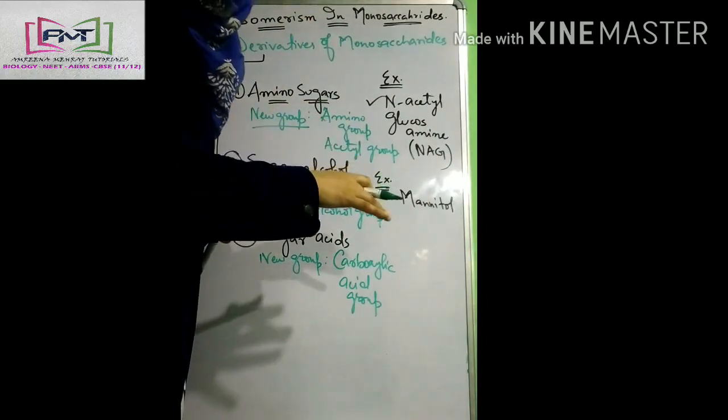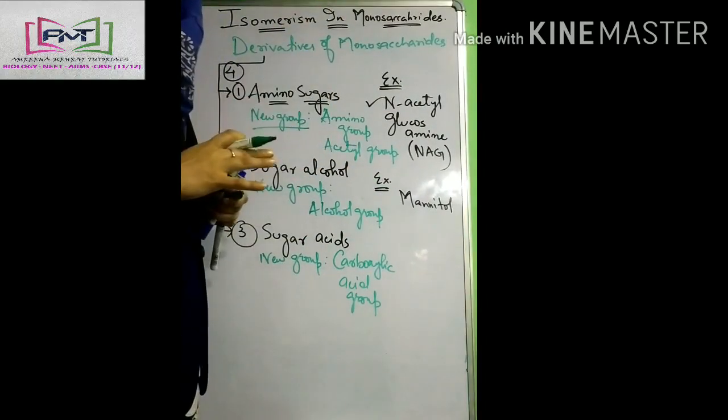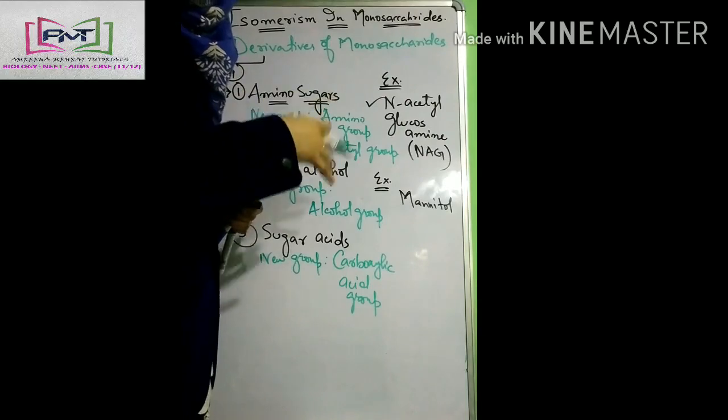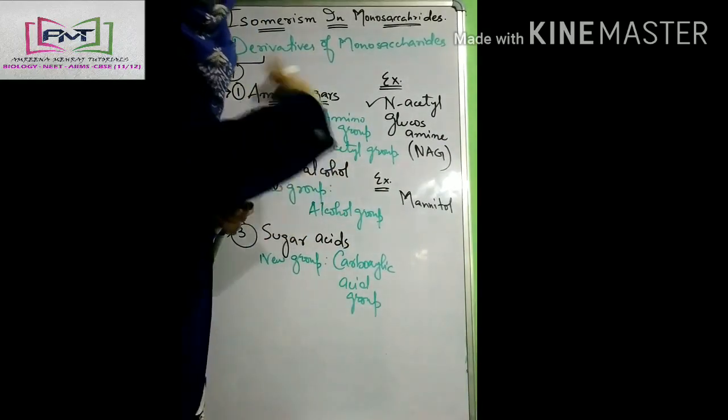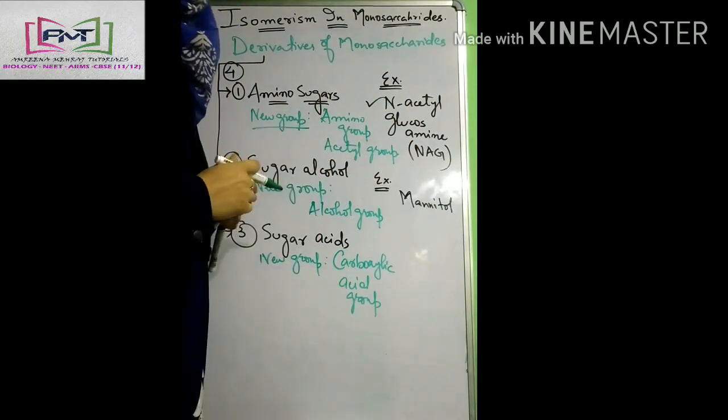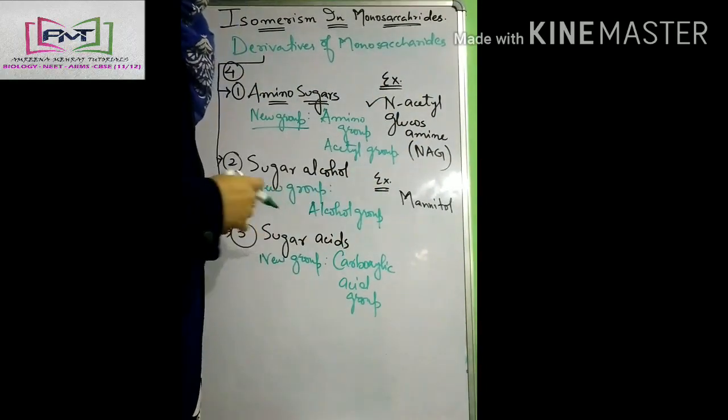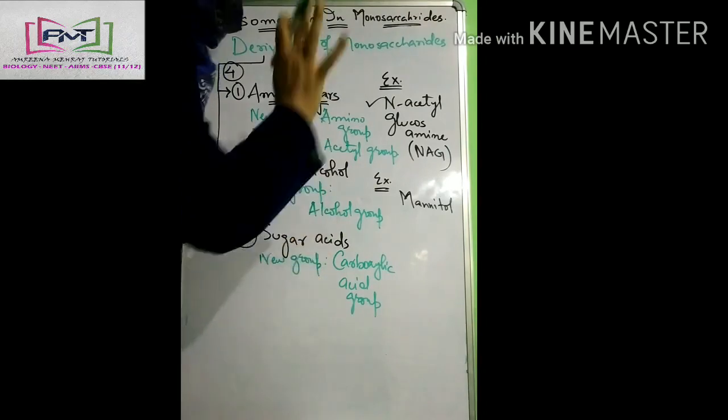Suppose in case of glucose, it's having an aldehyde group at carbon number 1. But if the last CH2OH, the 6th group, gets converted into COOH, that is the carboxylic group, then it becomes a sugar acid.